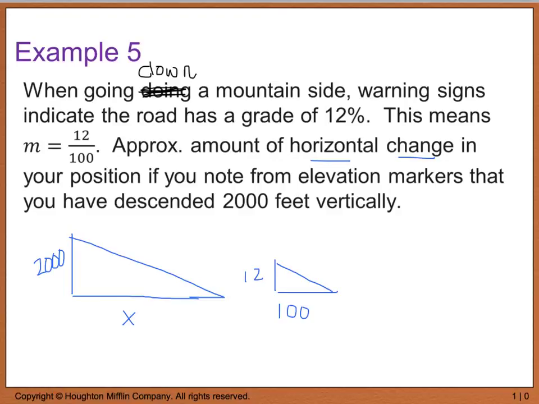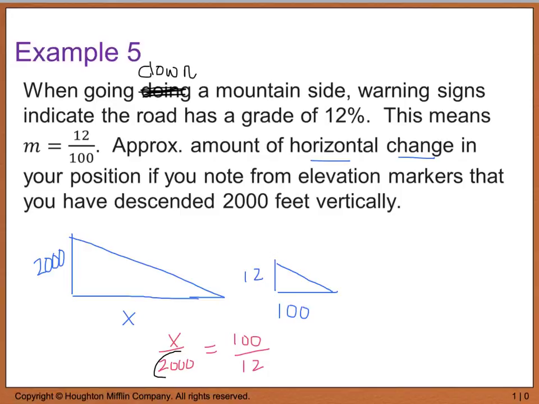So what I notice here, and you're going to have to think back to geometry for this, is it looks like we have two similar triangles. So if I have two similar triangles, I can set them up as a ratio of x divided by 2,000 is equal to 100 divided by 12. And you can set it up in a multiple of different ways. But now what I can do is cross multiply.